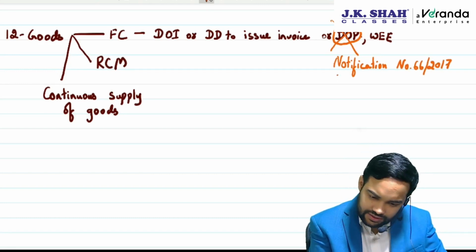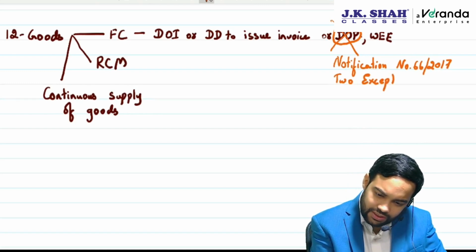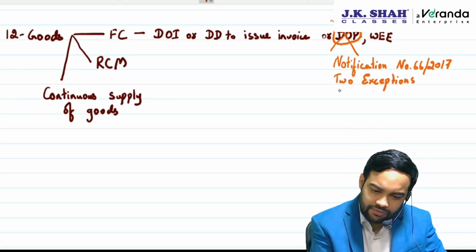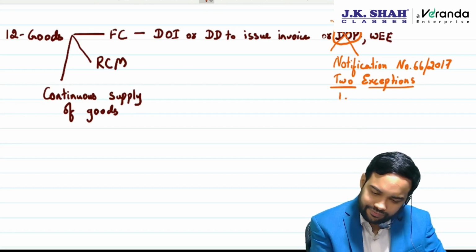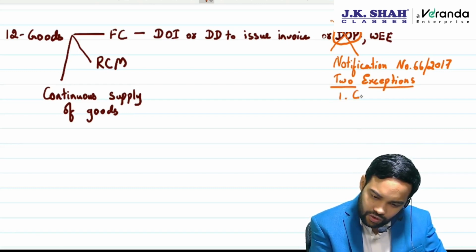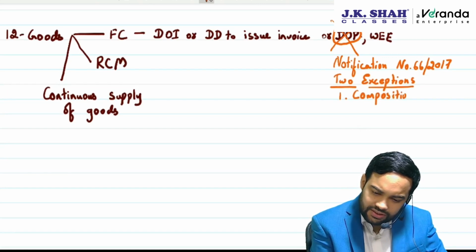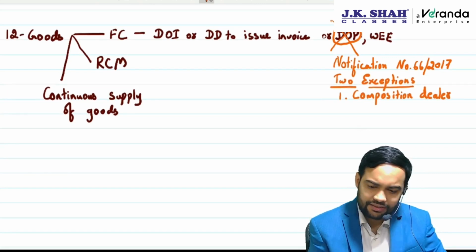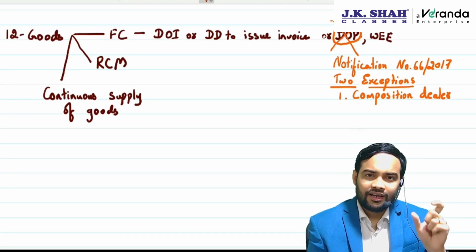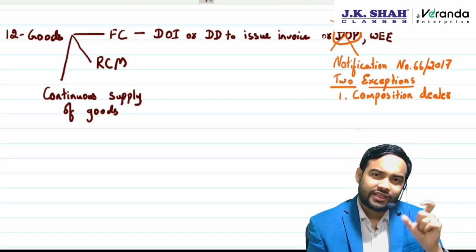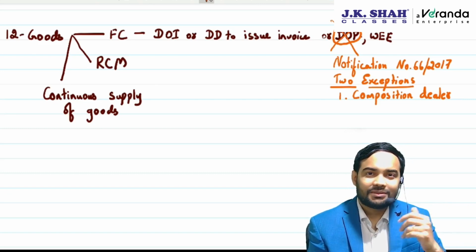However, there are two exceptions where DOP is even today applicable. The first one is composition dealer, because a person who is under composition scheme, it doesn't matter which product he is selling, because the rate remains constant.